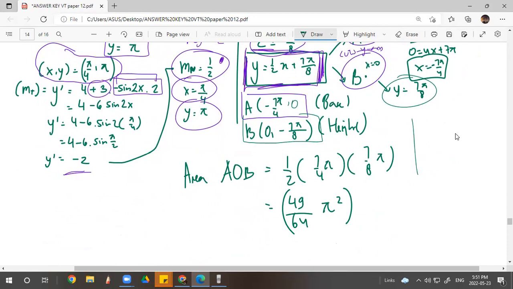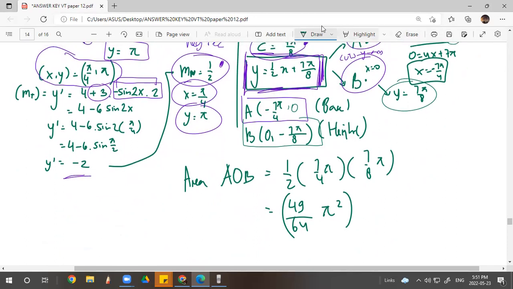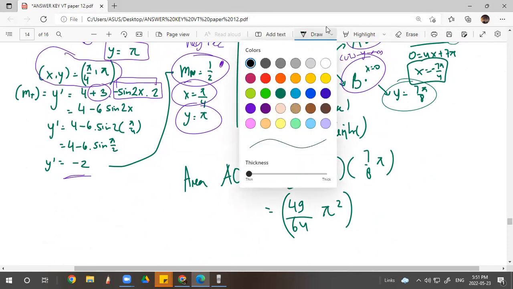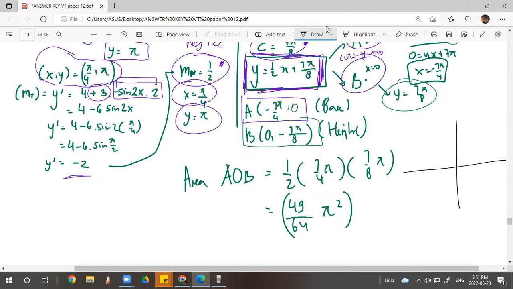Why? Let's see the curve. If you put it on a drawing approach, it will be simpler. A is negative 7 pi over 4, comma 0, right? This is for point A. Point B is 0, comma 7 over 8 pi.